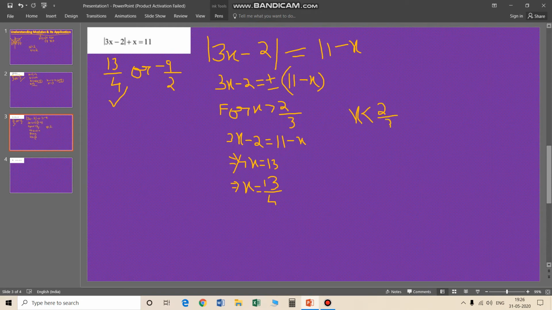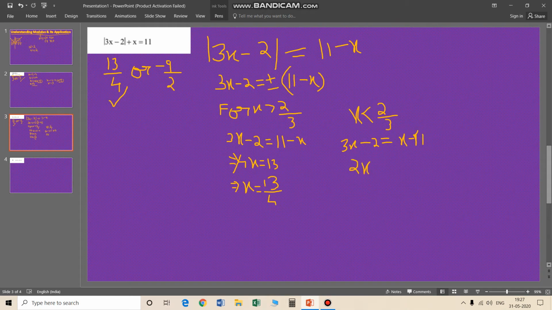For x less than 2 by 3, checking. If x is less than 2 by 3, then 3x minus 2 is equal to minus of 11 minus x. I am not doing modulus inequations here, because modulus inequations are there, but they are not so important, and that's also easy.